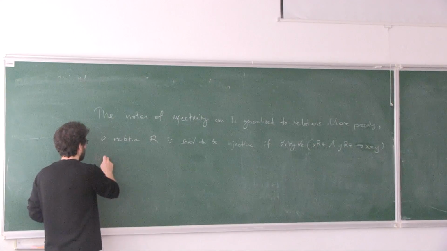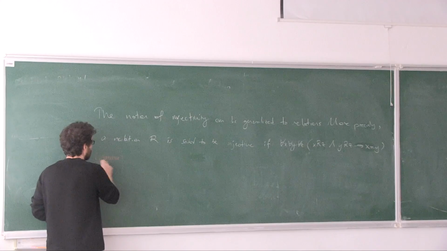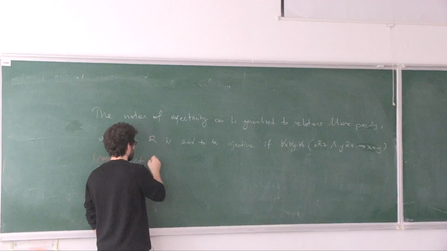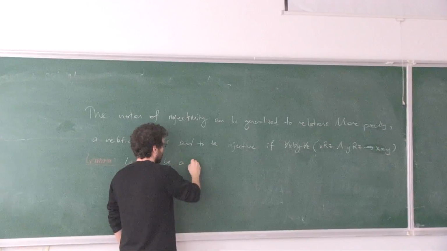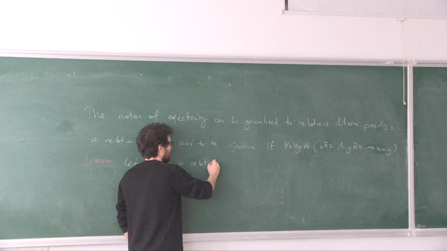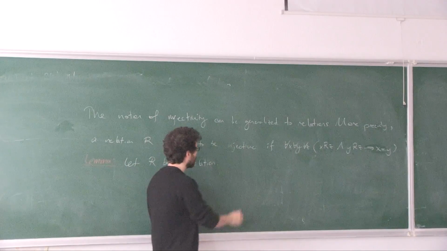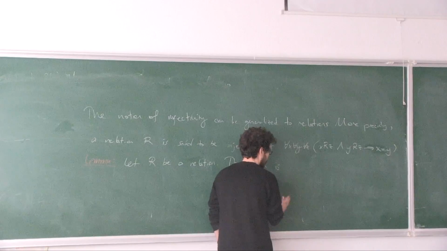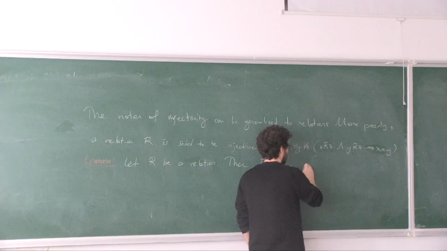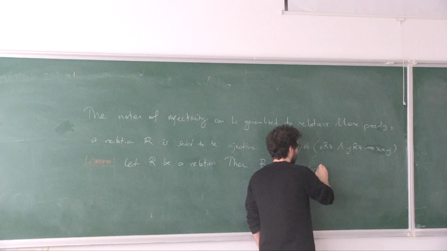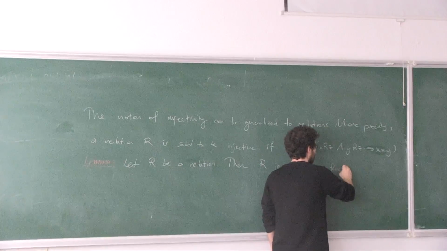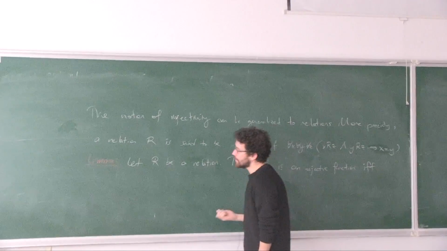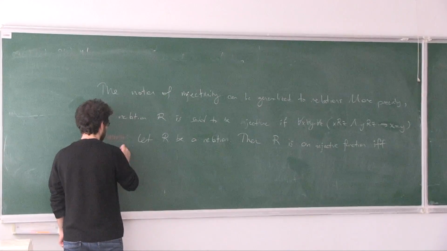Now let's make an observation, which is the following. Let's take a relation. This relation is an injective function if and only if its inverse relation is an injective function.